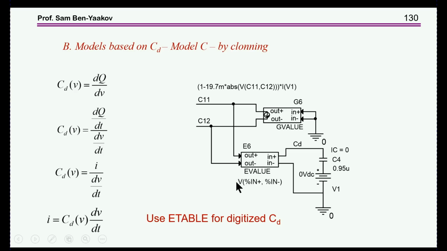And secondly, I'm actually doing the state space equation by cloning. What does it mean? I'm taking a linear capacitor, I see how it behaves, and then I modify the behavior by the fact that CD is changing.